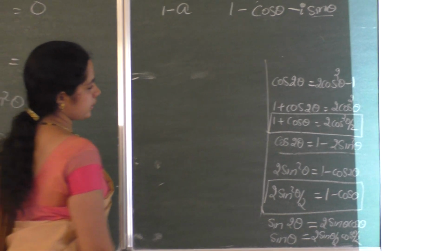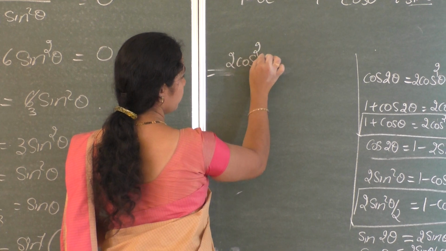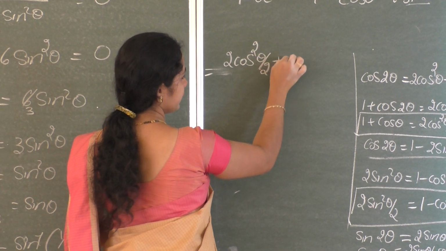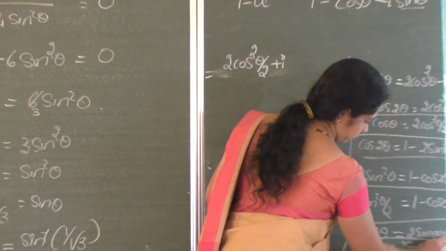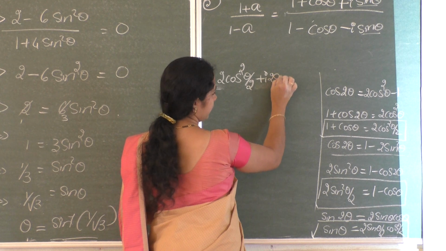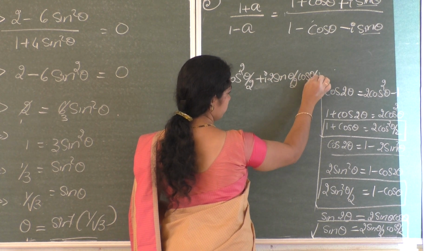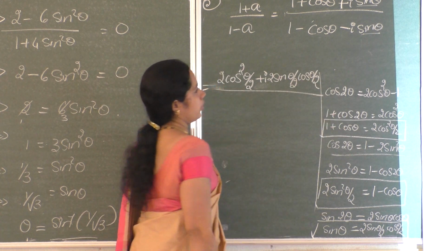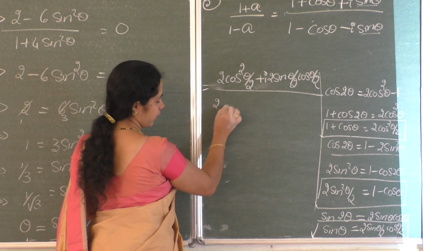1 plus cos theta is equal to 2 cos square theta by 2 plus I into what is sin theta? Sin theta is 2 sin theta by 2 into cos theta by 2, divided by 1 minus cos theta, which is 2 sin square theta by 2.